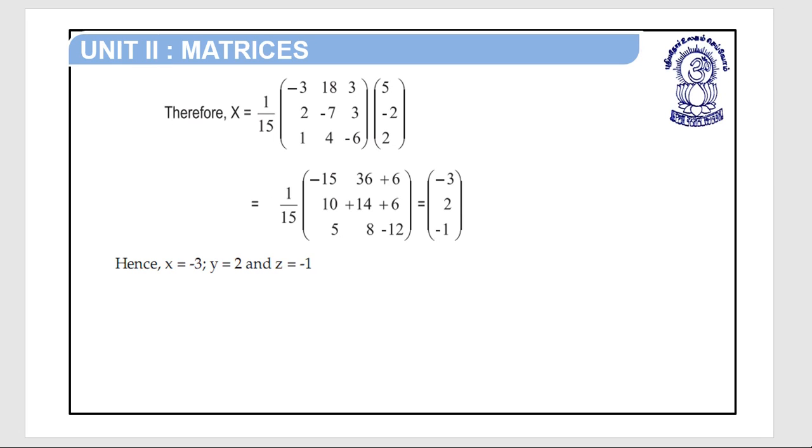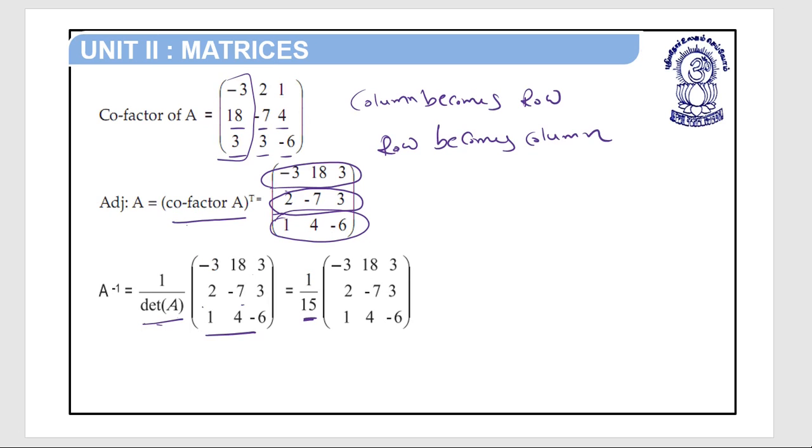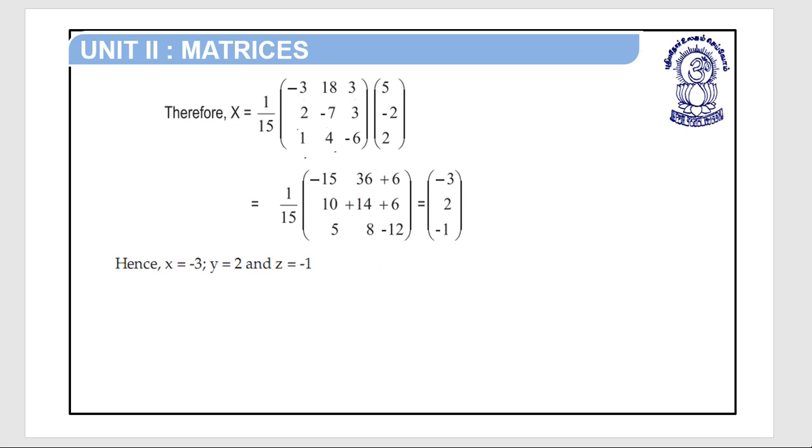Therefore X is equal to 1 upon 15 times the adjoint matrix into B, which is 5 minus 2 minus 2. So we do 1 upon 15 times the multiplication of this matrix and this matrix.